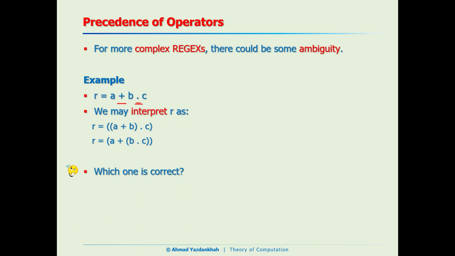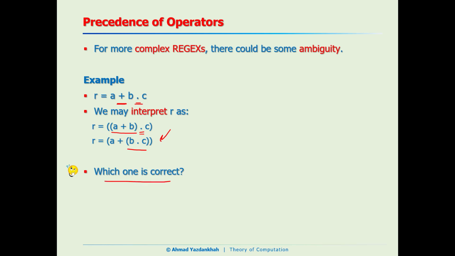If plus has a higher precedence, then it should be applied first, and then the result should be concatenated with the C. But if the concatenation has a higher precedence, then this will be the correct order of the operations.